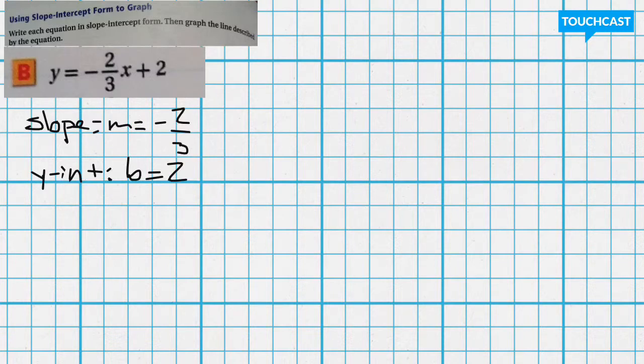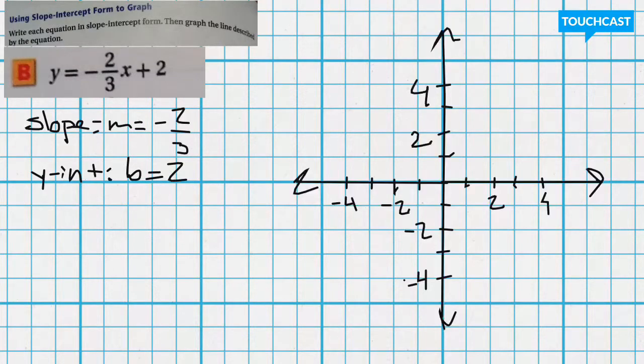So we're going to move on to step 1, plot our y-intercept. So we're going to first put a point at 0, 2, and then from that point, we're going to move down 2, and then we're going to move right 3.